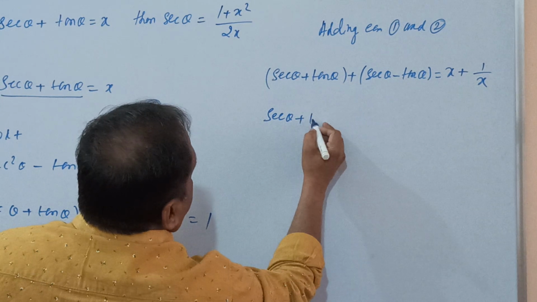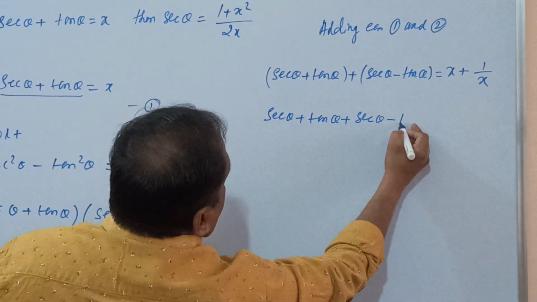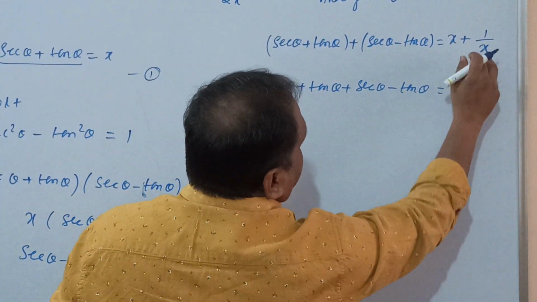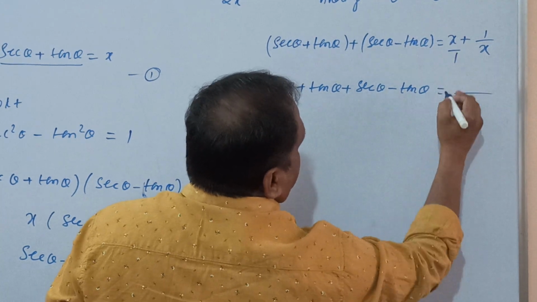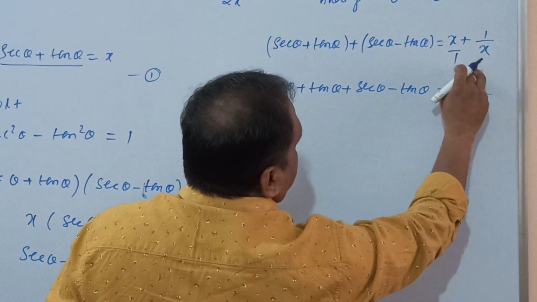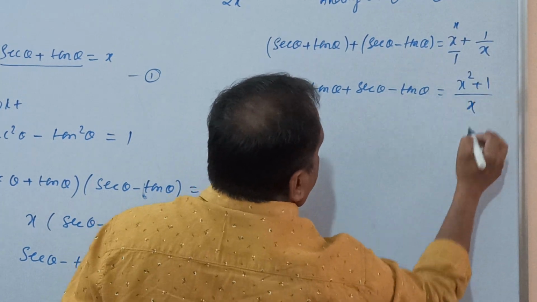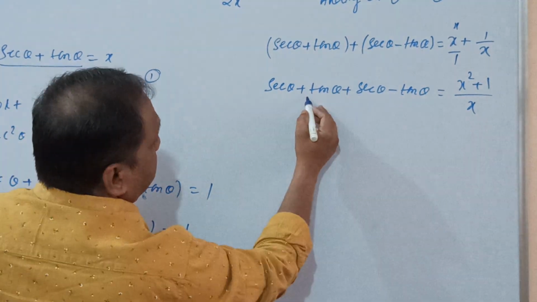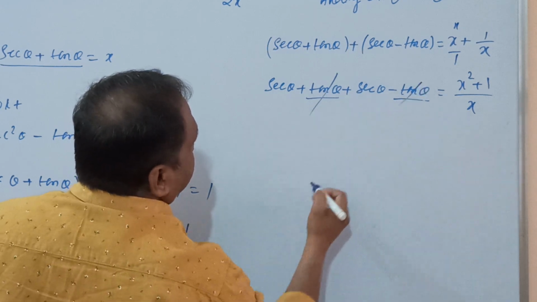Sec theta plus tan theta plus sec theta minus tan theta is equal to, I will take an LCM over here. Treating the denominator 1, x becomes x into x, x square plus 1. Here tan theta plus and tan theta minus are there, plus and minus get cancelled.